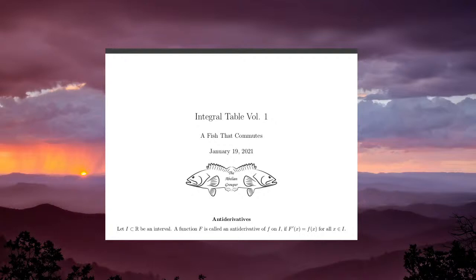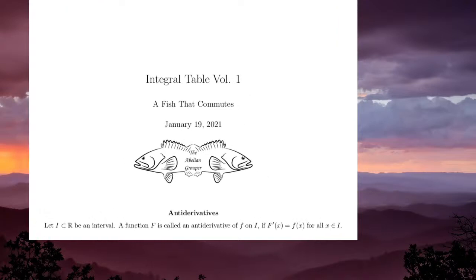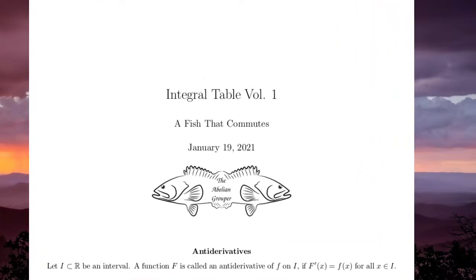So let's just start by reminding ourselves of what the point of all of this is. An antiderivative, by definition, is just something that when you take the derivative, you get the original function back.